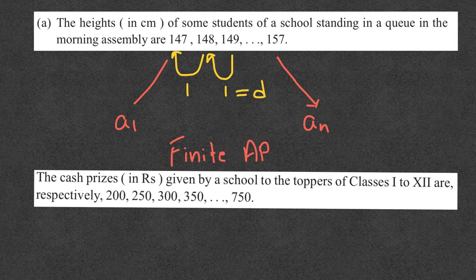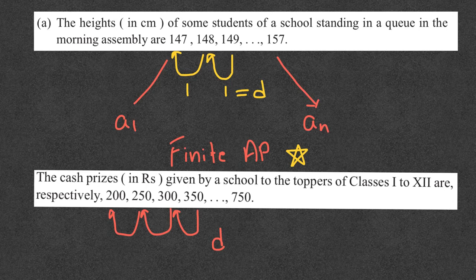Yes, because 250 minus 200 is 50, 300 minus 250 is 50, 350 minus 300 is 50. So, the common difference D is the same throughout. So, this is an arithmetic progression. Because we also know the last term, that means the series ends, it is called a finite arithmetic progression.